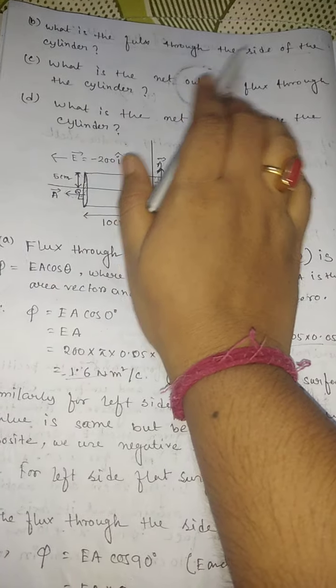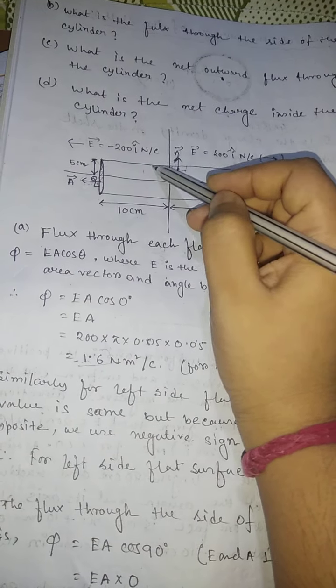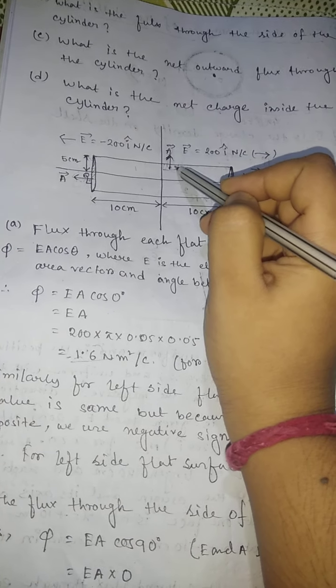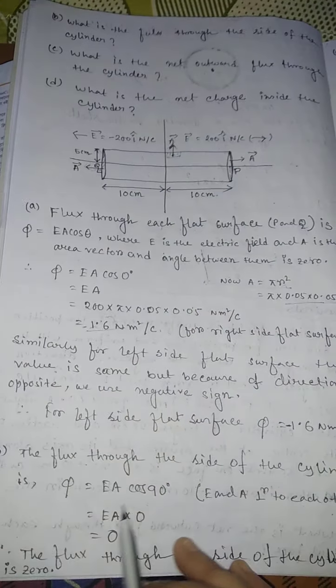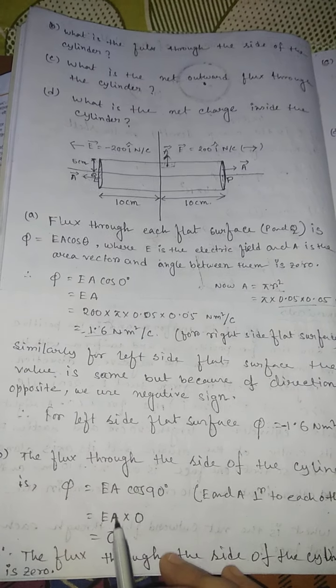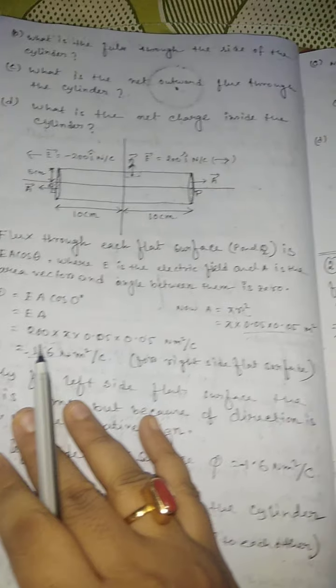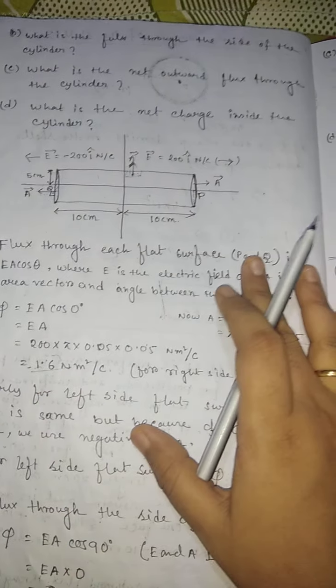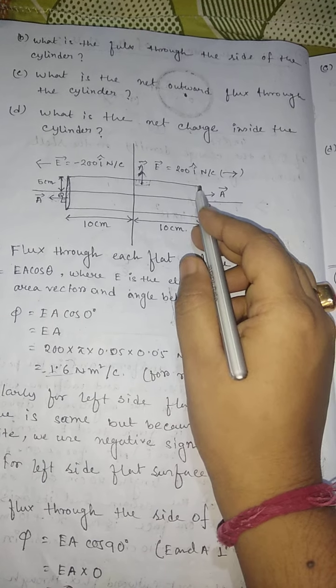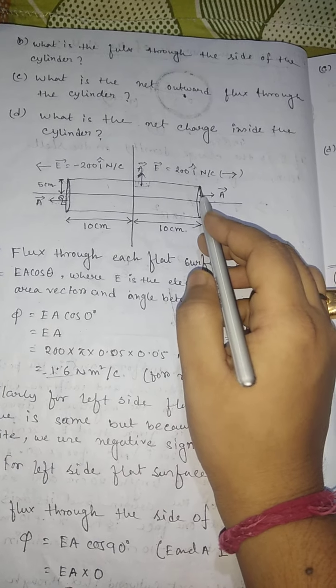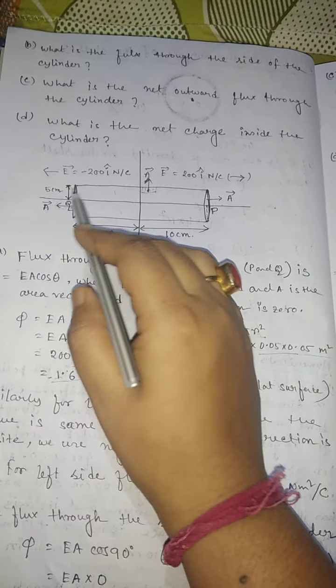Now, what is the flux through the side of the cylinder? Side means this side. Because theta equals 90 degrees and cos 90 is 0, the flux through the side is 0. The second part is also completed. Third, what is the net outward flux? The net outward flux is the sum from this cross-sectional surface, plus this one, plus this one.